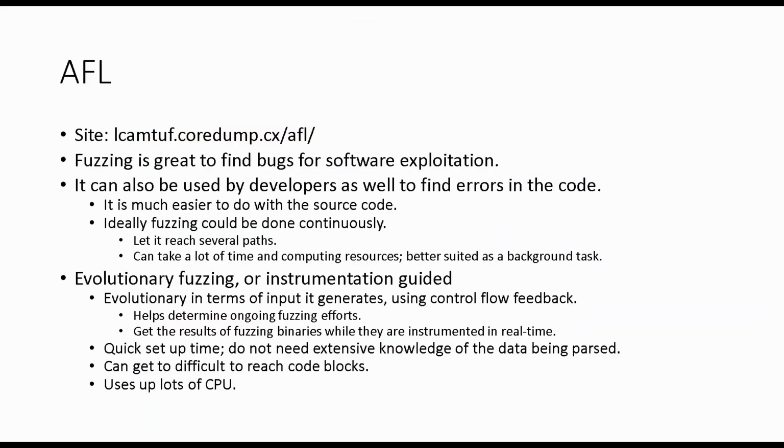So let's learn a little bit more about AFL, some background. Michal Zalewski is the developer, a Google developer, and it goes back to about 2012, 2013. A couple of different ways in which you can approach AFL: one is to make use of the source code. If we have the source code, we can compile it so that it has instrumentation.